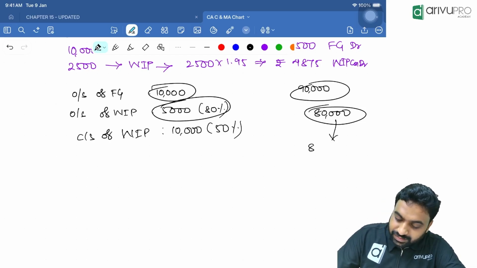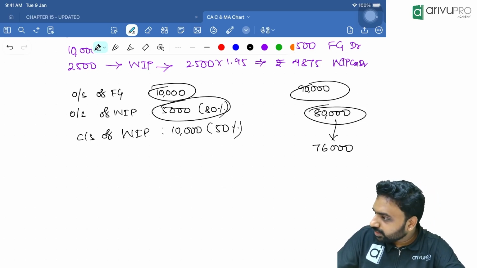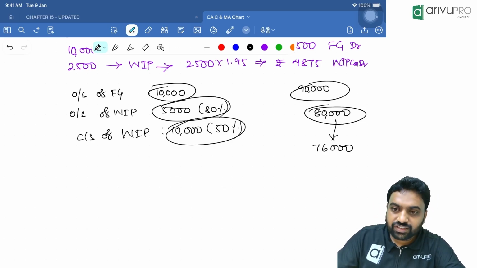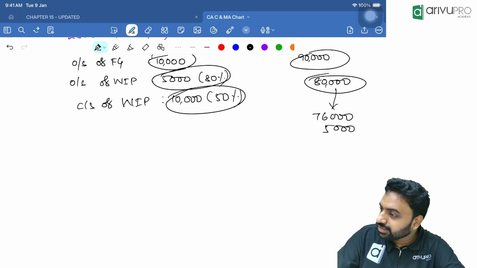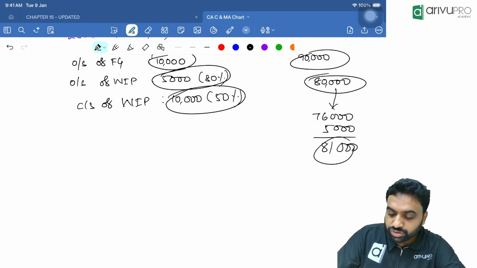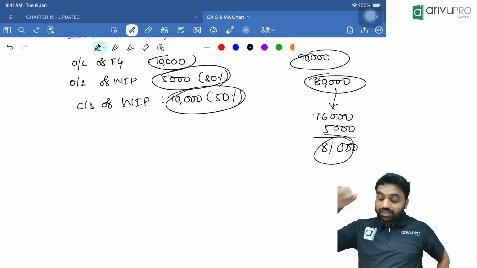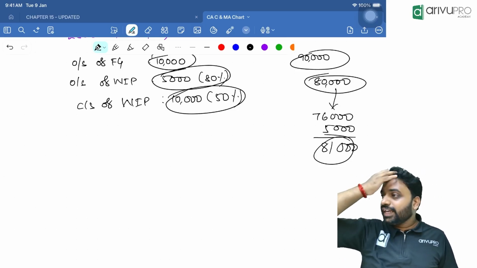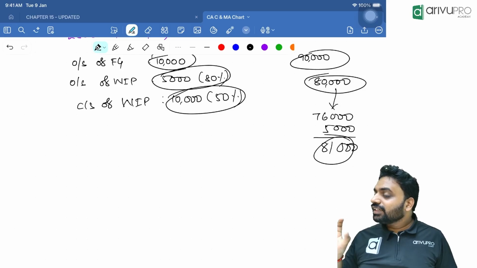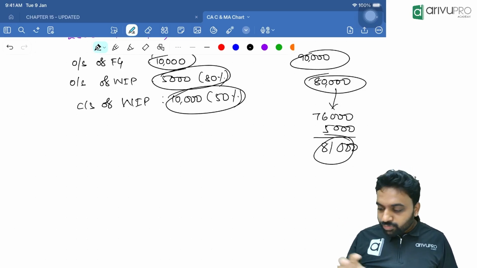That means out of this 80,000, 5,000 consumed only resource equivalent to 1,000. That means it is 76,000. Not only that, in this 10,000 closing WIP, the equivalent 5,000 units is also produced during the period, which is not included there. In the denominator, you should take 81,000. Just make sure in the denominator you take what is equivalent to produced during the period.